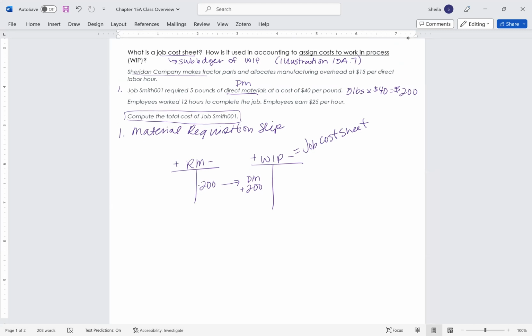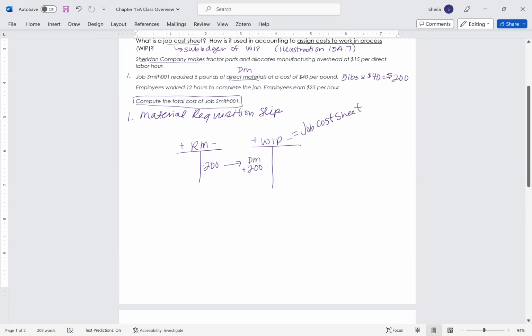So now let's move on to number 2, because we have our direct materials. Now we need our direct labor. Employees work 12 hours to complete this job. Those are the direct labor hours, and they are earning $25 per hour.